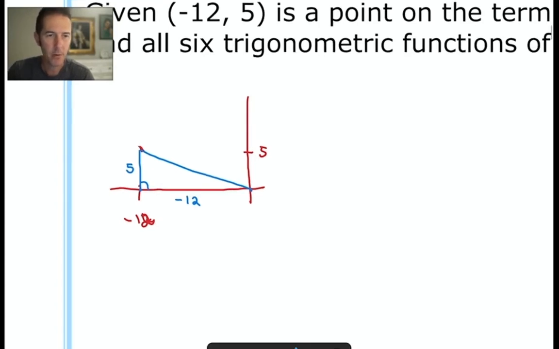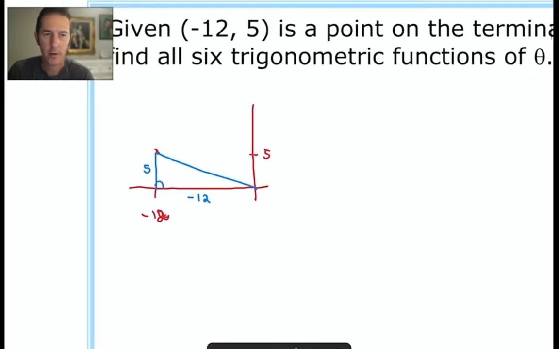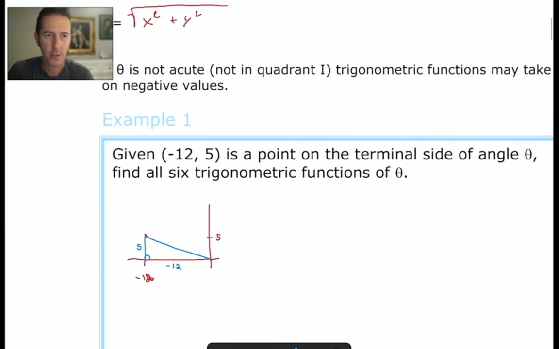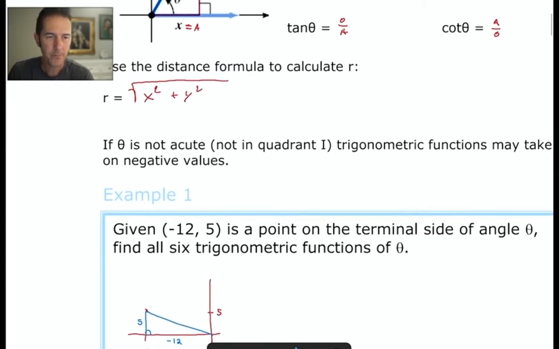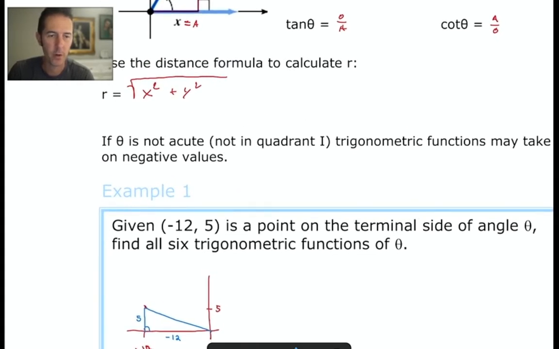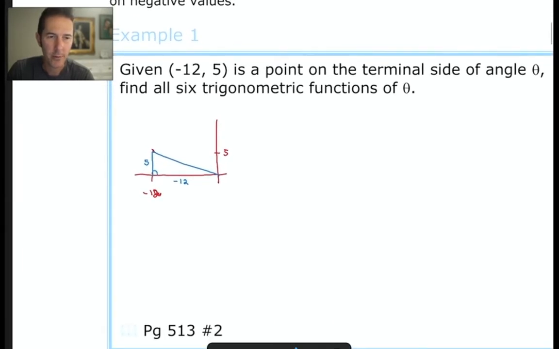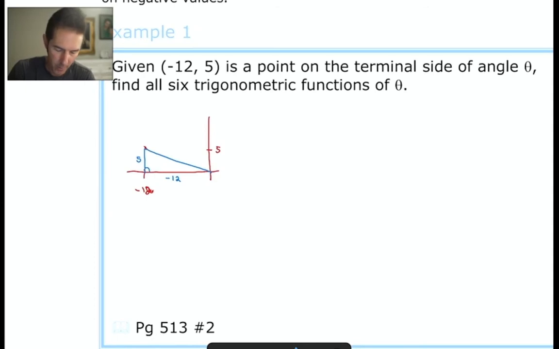By the Pythagorean theorem, let's actually reference what we already wrote down, that r equals the square root of x squared plus y squared. 5 and 12 are your x and y values, and if you do the arithmetic on that, you'll get the square root of 169, which is equal to 13.